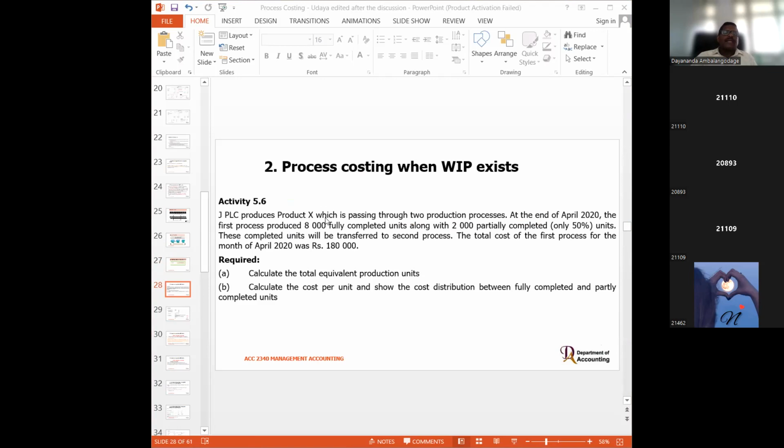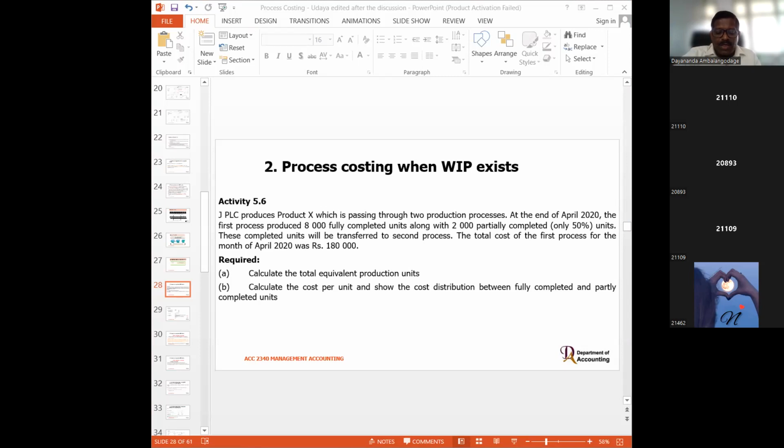JPLC produced product X, which is passing through 2 production processes at the end of April 2020. The first process produced 8,000 units of fully completed units. So thereby you see that completed units, right?